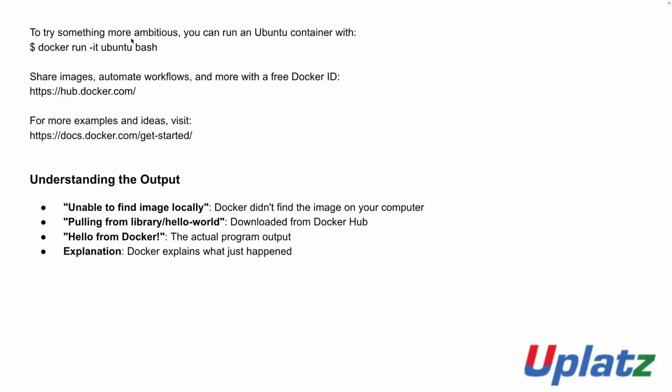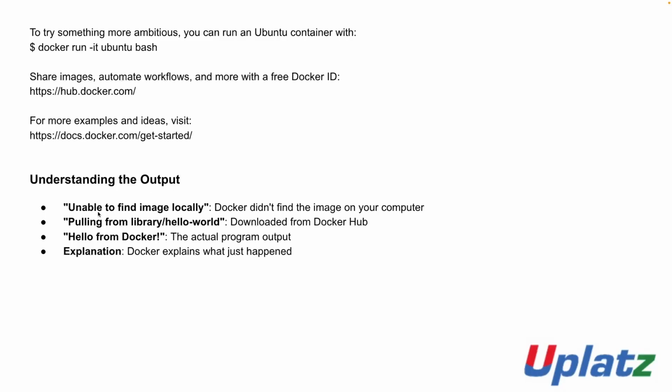To try something more ambitious, you can run an Ubuntu container with docker run -it ubuntu bash. Share images, automate workflows, and more with a free Docker ID from here. For more examples and ideas, visit this.